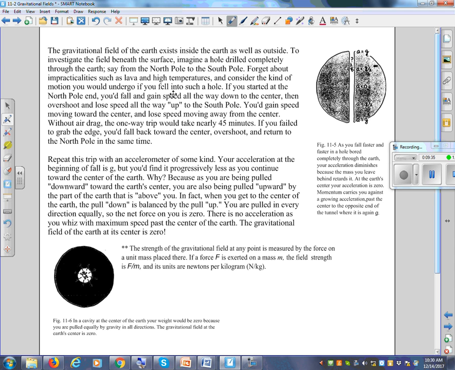Only until I get to the center, and then what? I would stop right there at the center and sort of just hang out, hover? Yeah. How would I slow down? Because the ground is pushing under all the. Oh, so you're saying that because I'm halfway down the hole, there's earth above me that would be pulling me up.